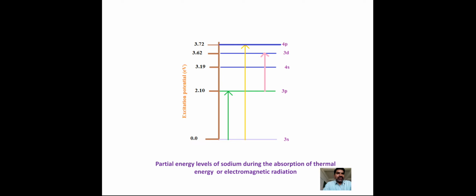So this is the sodium partial energy diagram. In sodium, the outer shell consists of a 3s1 electron, and the next levels are 3p, 4s, 3d and 4p. The outer core sodium vapor receives the energy, and this energy will be utilized for the excitation process.